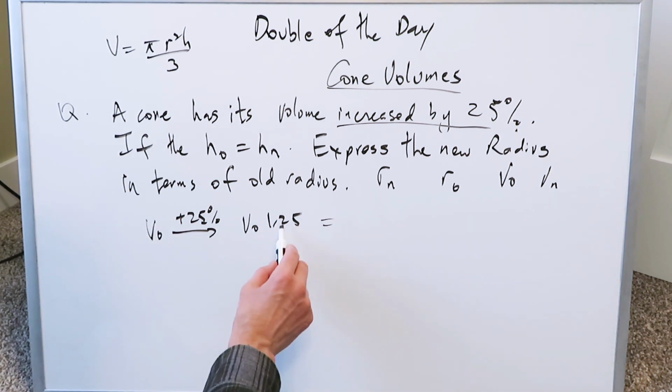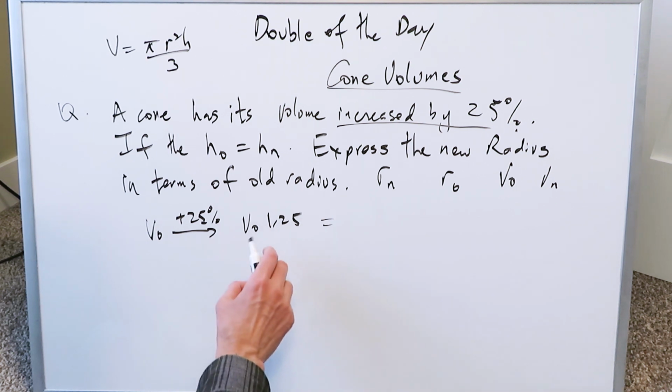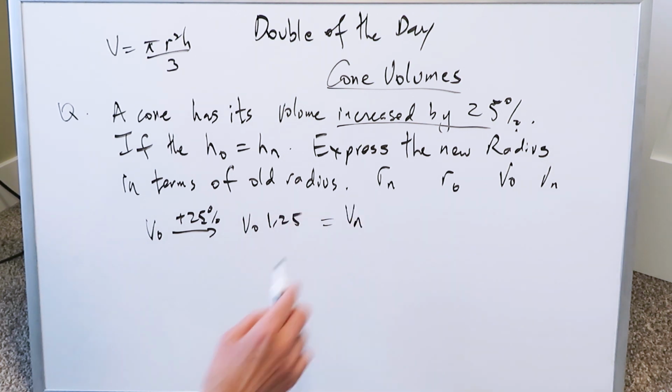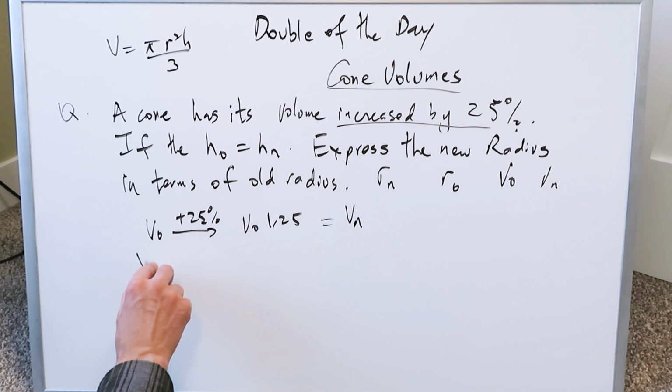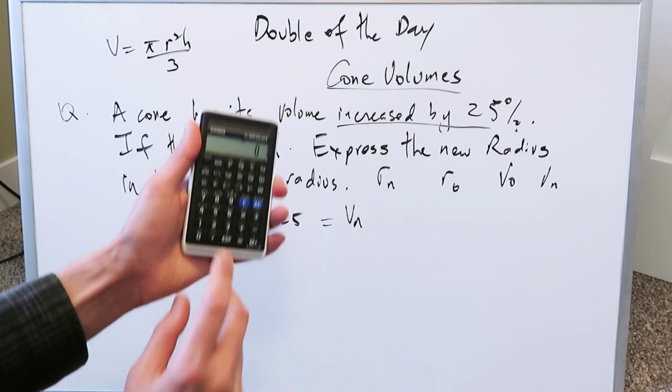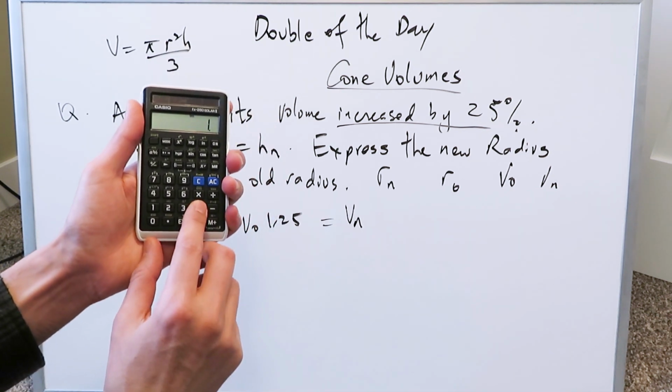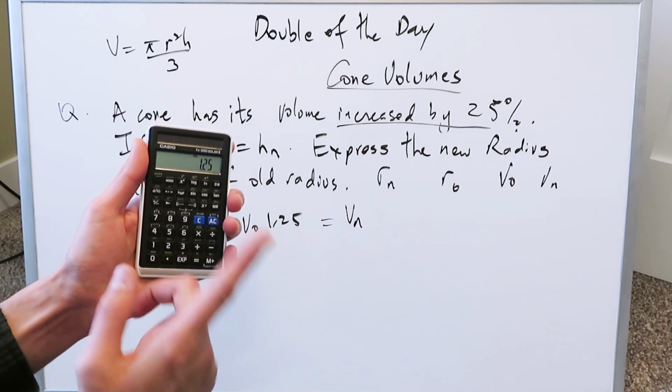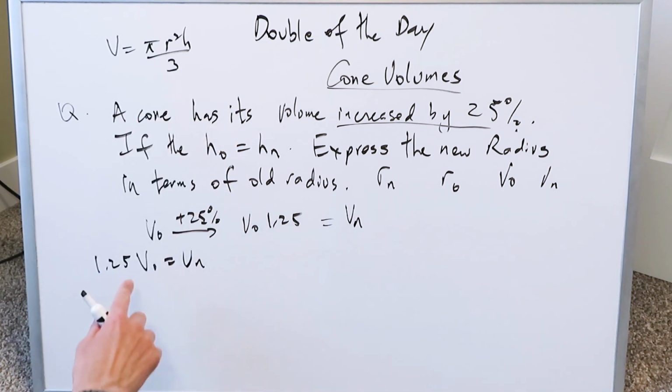In this instance, 1.25 VO will be equal to your new volume, and you can express it that way. 1.25 times the original volume will equal your new volume. Always think about it as this. You have an original which is 1 and you're increasing it by 25%, so you'll have 1.25. But all the components of the original volume will equal the new volume with this factor of 1.25.